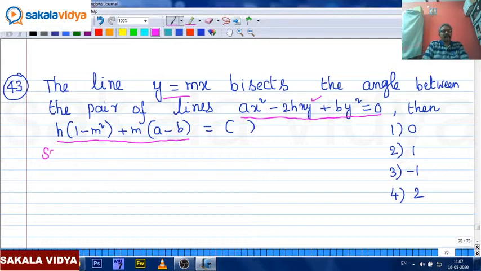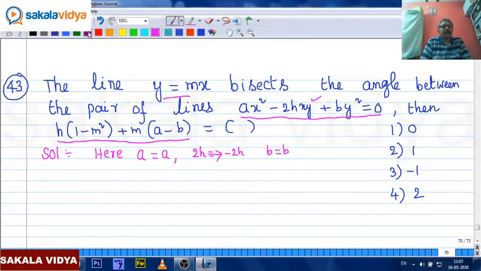Solution. Here, a for a only, minus h for 2h, minus 2h, b for b.